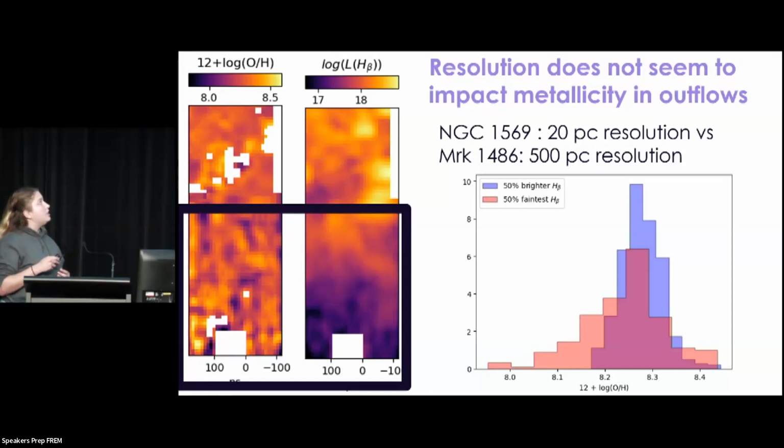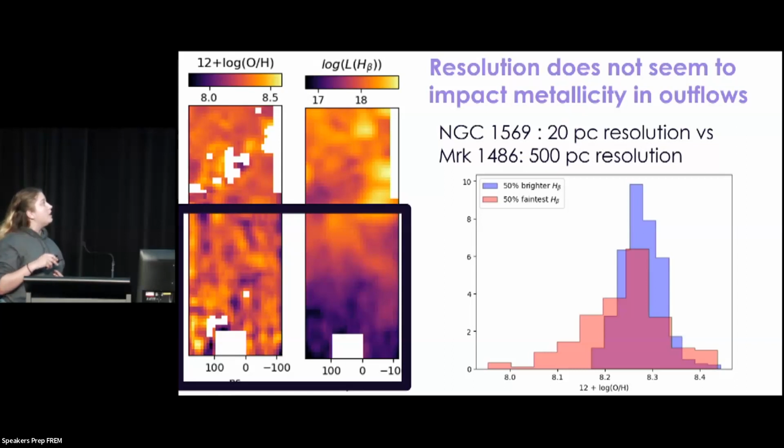So to understand whether the lower resolution measurements were biased toward the brighter parts of the outflow, I separated this sample into 2 different samples, the brightest in H beta and the faintest in H beta. And here I have a plot of the distribution of metallicity corresponding to the 2 samples.